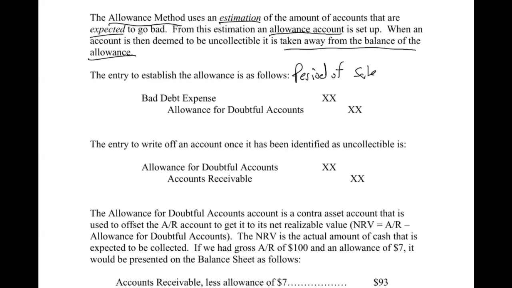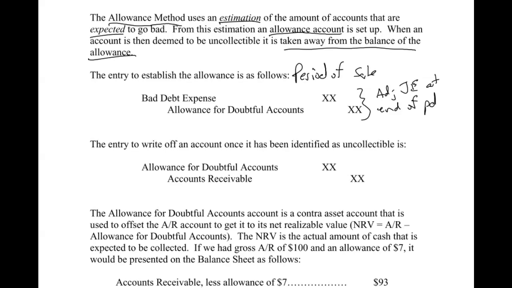We did the expense in a future period when we wrote things off. So we now have this allowance for doubtful accounts. Essentially this is just going to be an adjusting journal entry at the end of the period, whatever accounting period you're looking at, month, quarter, year. Typically, a lot of times in these classes, you'll be looking at a year basis. So that's in the period of sale.